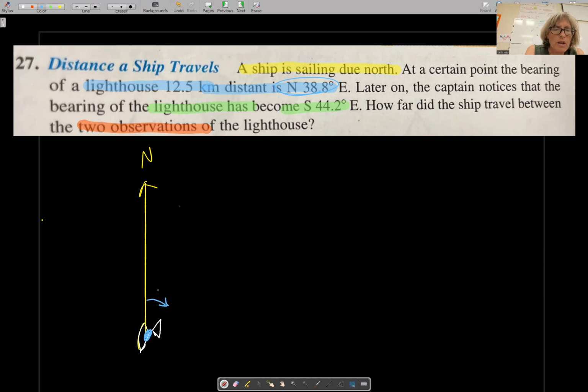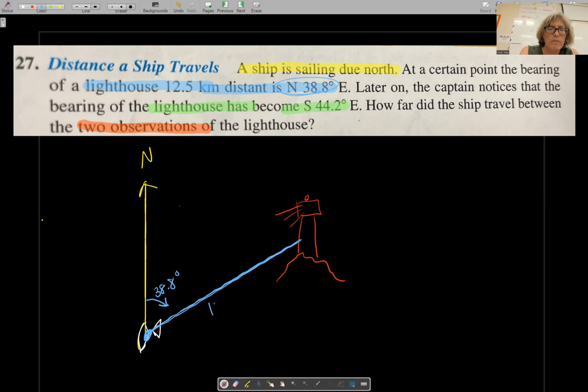So we go like this, and we have 38.8 degrees from the north line. And we have a lighthouse that is 12.5 kilometers in distance. I tend to cross things out when I take care of them so you don't get lost.